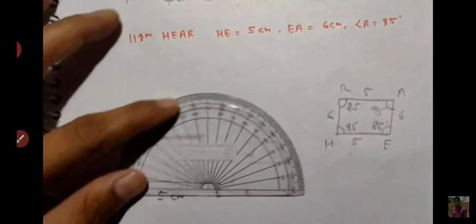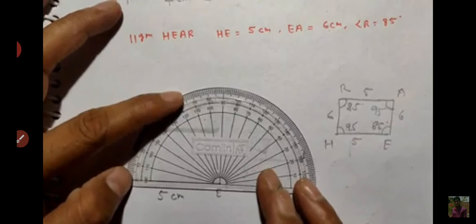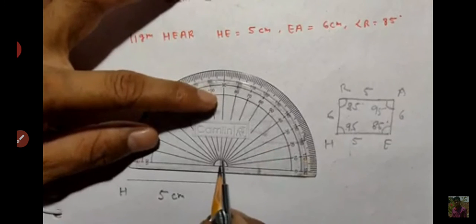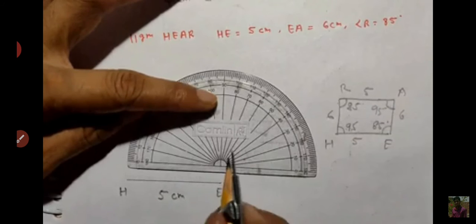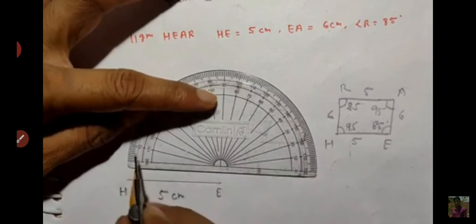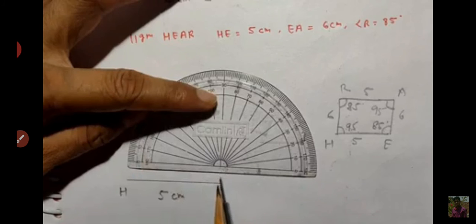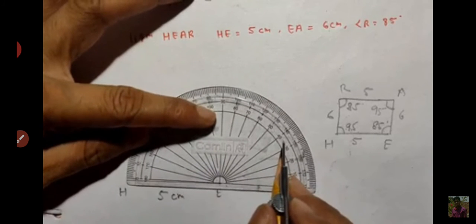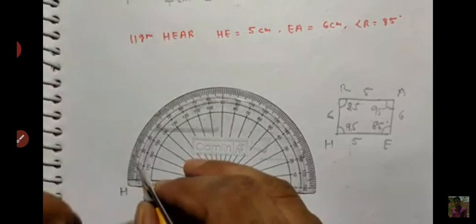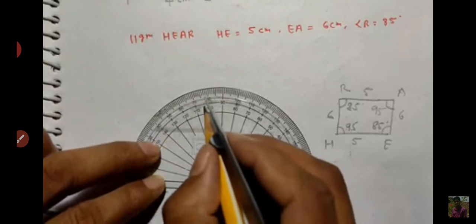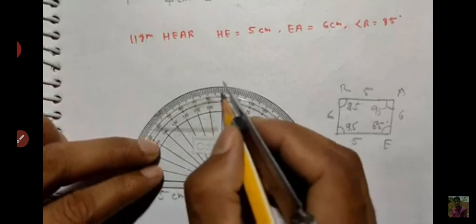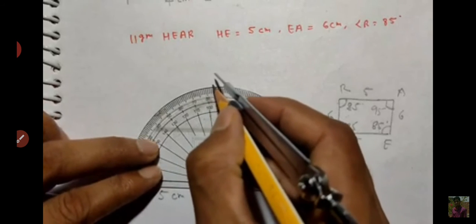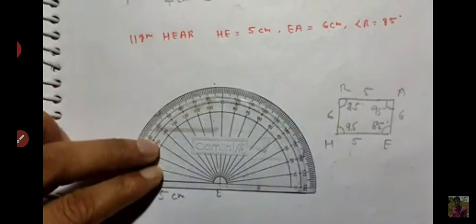Now, okay, now taking a protractor, draw 85 degree from E. See where you measure. If the 0 is outside, then you measure on the outer scale, and if the 0 is inside, then you read the inner scale. Okay, this is your 85 degree. Okay, draw a line.